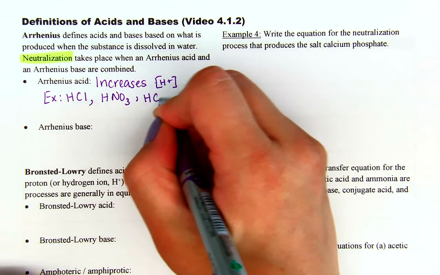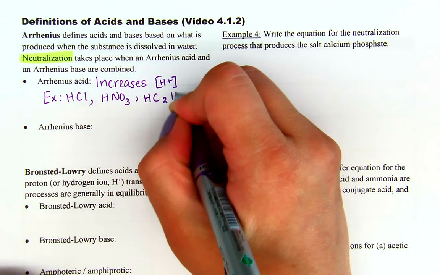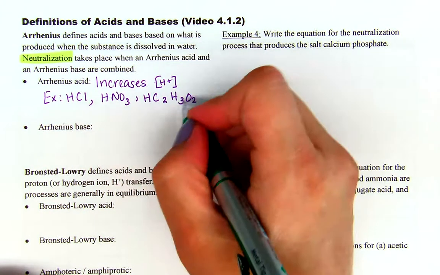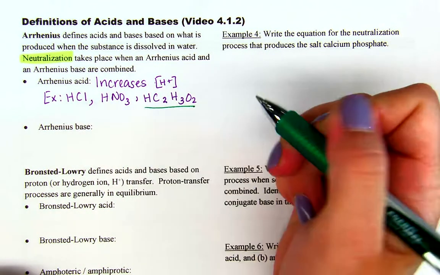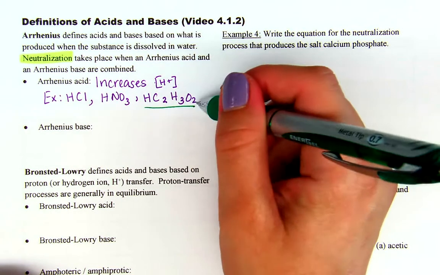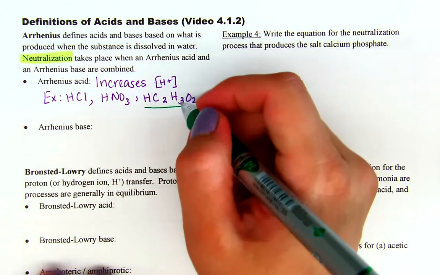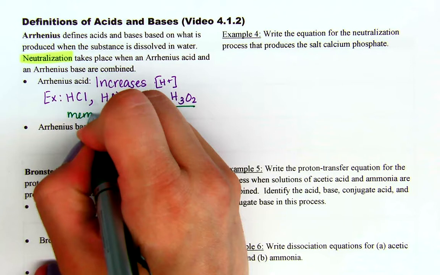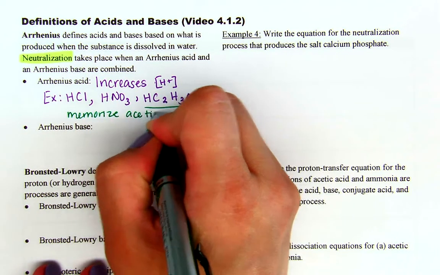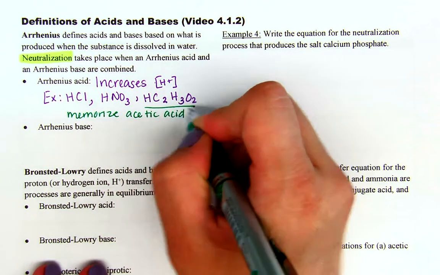And this one, HC2H3O2, is acetic acid. This is acetic acid, also known as vinegar. You will see this a lot. It is worth memorizing what acetic acid is, aka vinegar.